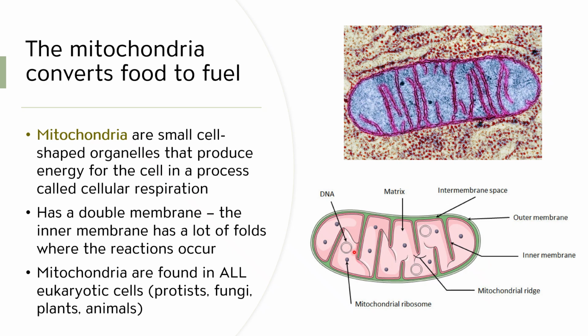They have their own DNA and they have their own ribosomes as well. And we'll talk about what that means in class. So mitochondria are only found in eukaryotic cells. That's a really important part because they are membrane bound. So prokaryotes get their energy in a slightly different way.